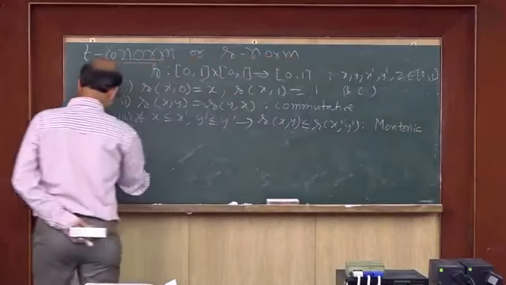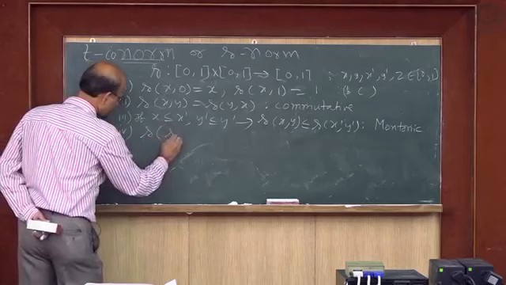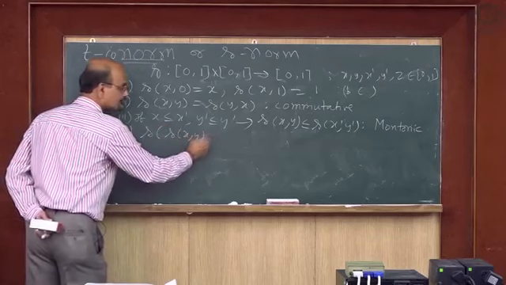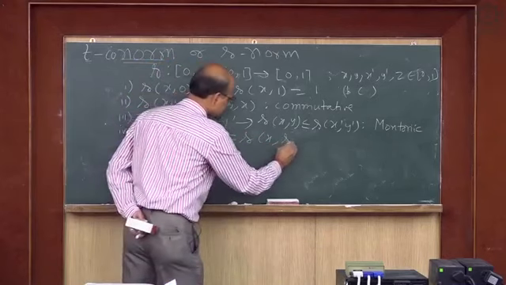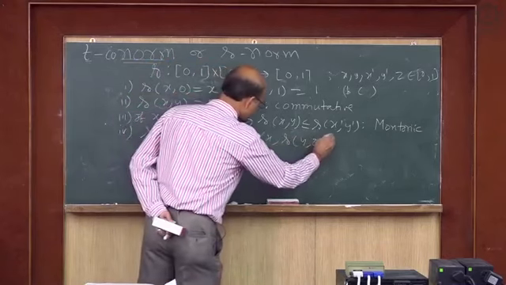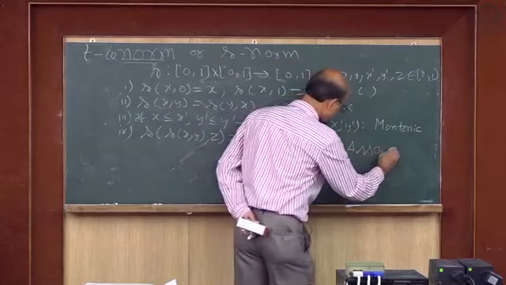And the last one is associative, that is S of x, y, z is equal to S of x, S of y, z, and this is called associative.